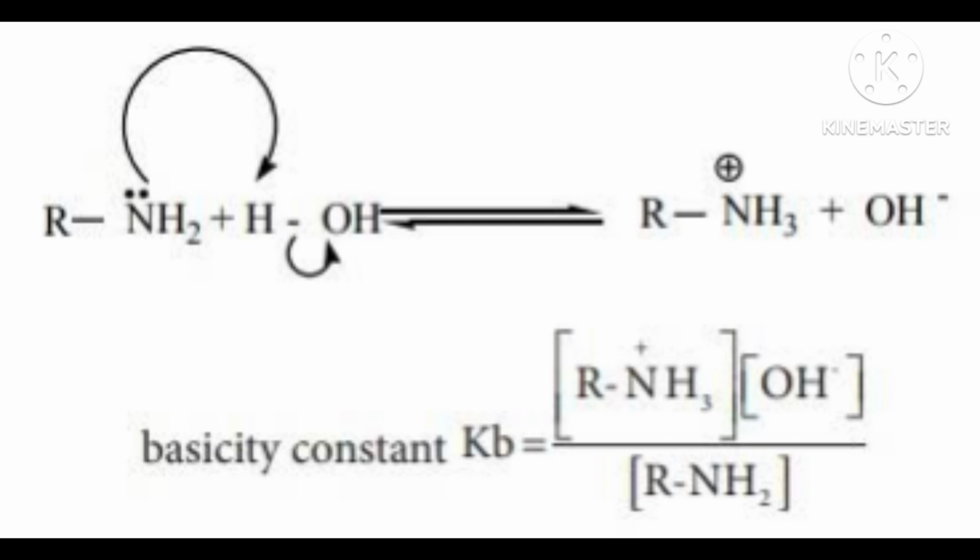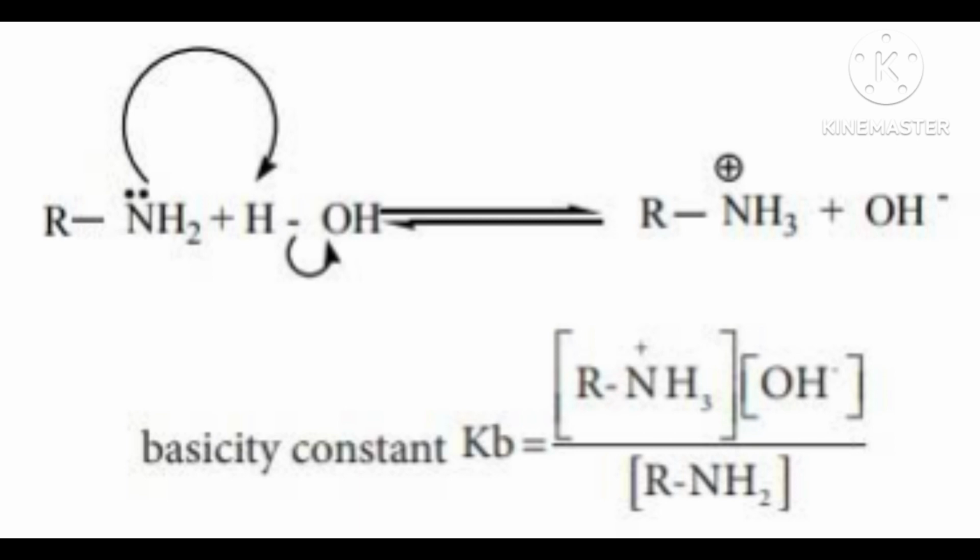pKb value of ammonia is 4.75. You remember. Some common values you should remember, because a question is asked, and sometimes they will not give the value.